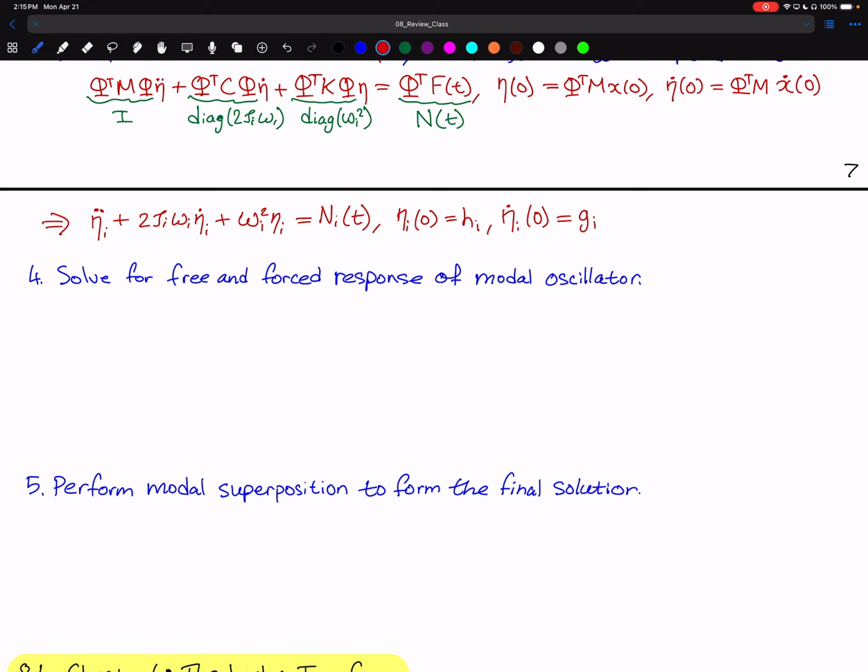All right, from there we're going to want to solve for the free and forced response of the modal oscillators.